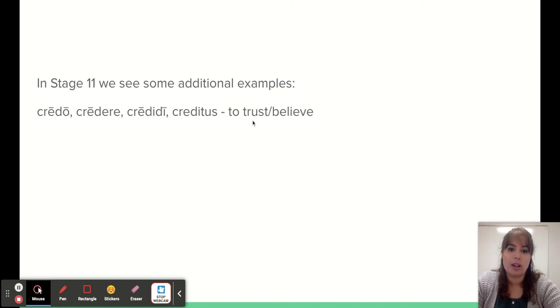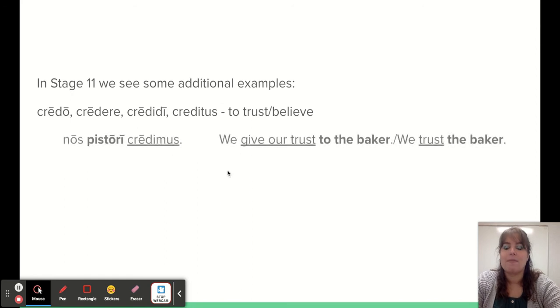This is our verb to trust or to believe, and this is where grammatically the sense of it is very specific in Latin, but how we translate it isn't always obviously that dative sense. So: nos pistori credimus. Instead of taking an accusative direct object, as we would think of it in English, it takes a dative. The reason it takes a dative is the inherent sense of the verb itself.